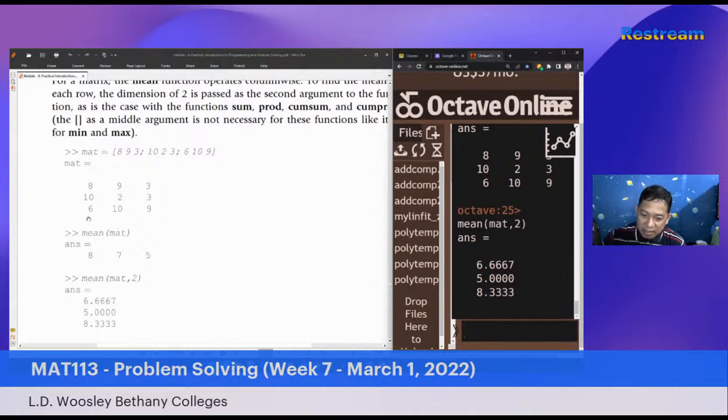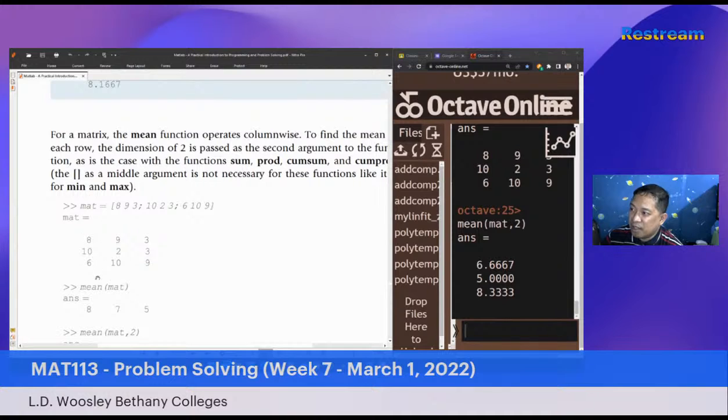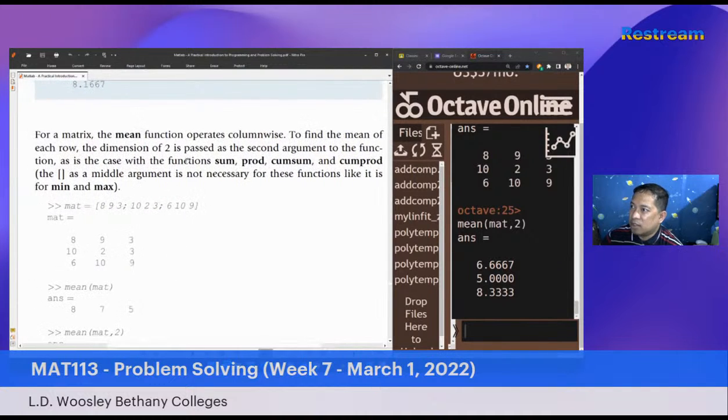Sige, babalikan natin mamaya yan, yung command na yan. But basically, we could see here that it will compute for the mean for each of the columns. So titingnan natin definition kasi depends sa definition. Dimension of 2 is passed as the second argument to the function, in this case as the middle argument, not necessarily for the functions like mean and max.